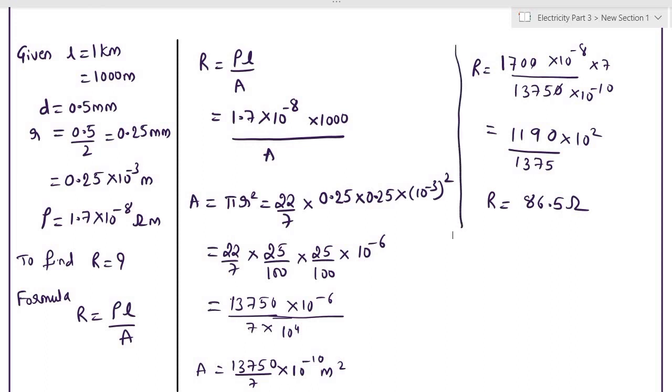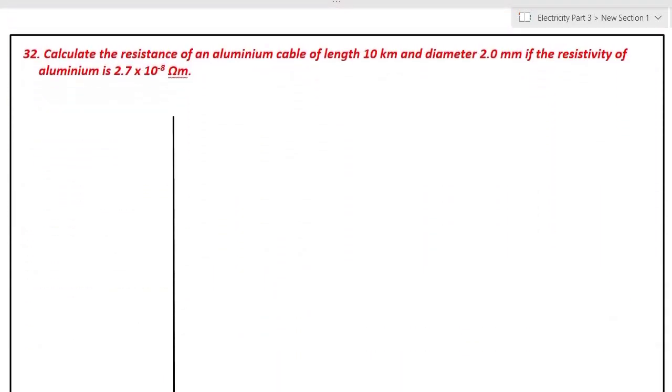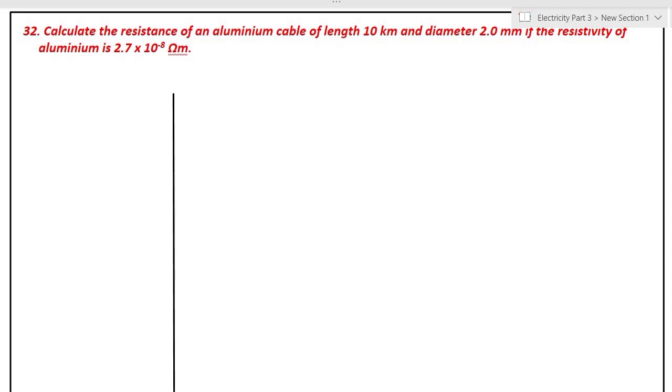Let us move on to one more question. Calculate the resistance of an aluminium cable of length L is equal to 10 kilometer, that is 10 into 1000 meter, which is 10,000 meter.